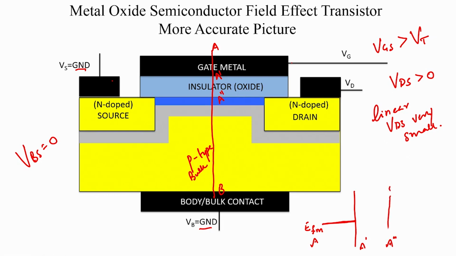It is only after the insulator that you have your semiconductor, and right now your semiconductor has significant band bending, with the Fermi level located here, which is above EFM, and you have the intrinsic Fermi level bending this way. This region here, the channel region, is essentially the electrons that have accumulated here.